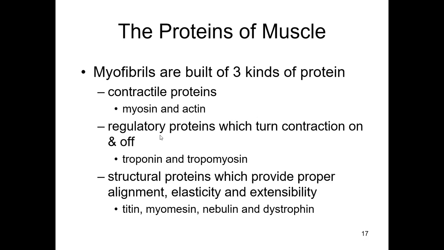And then we have light switch kind of proteins that turn on and off muscle contraction. These are troponin and tropomyosin. There are also proteins listed here that we did not mention in the lab. These provide for the integrity, elasticity, extensibility of the sarcomere and the muscle cell. And we'll be mentioning proteins here: titin, myomesin, nebulin, dystrophin.